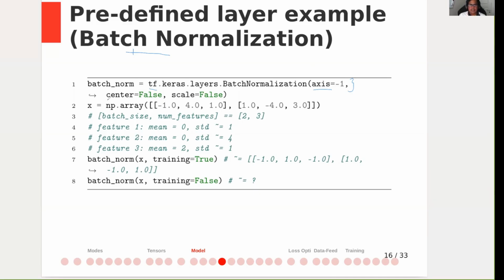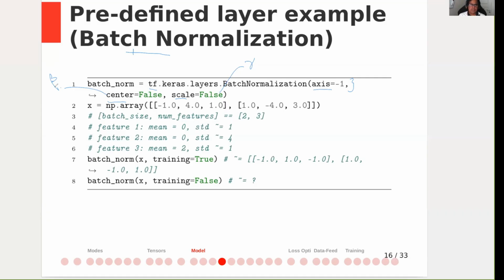The second argument is center. If you remember the formulae for batch normalization, this corresponds to beta, and scale corresponds to gamma. If you take a look at the formulae for batch normalization, you can observe these quantities, and these arguments tell the layer whether to use beta or gamma.